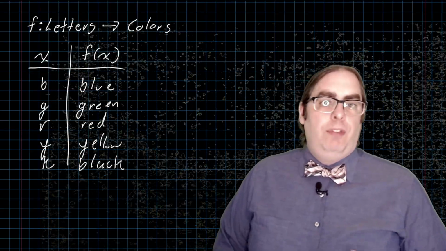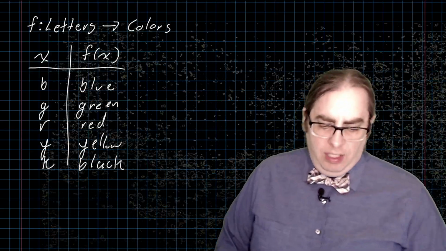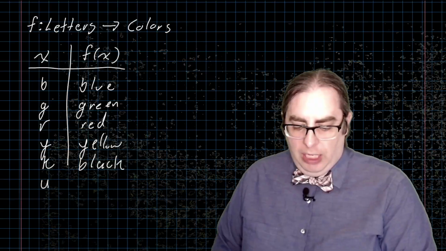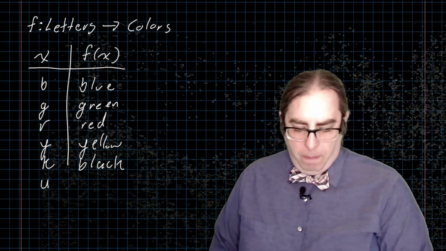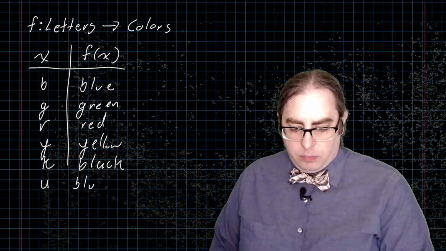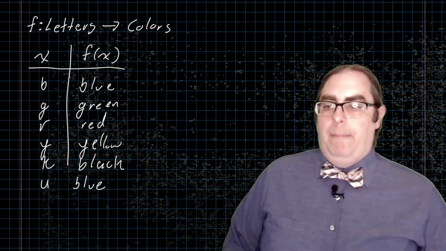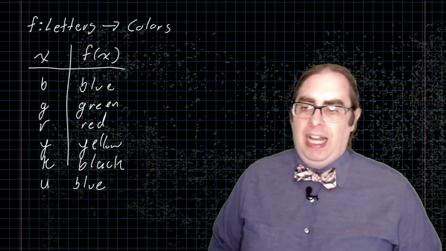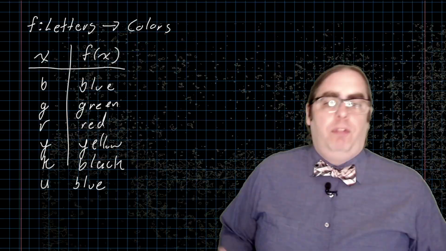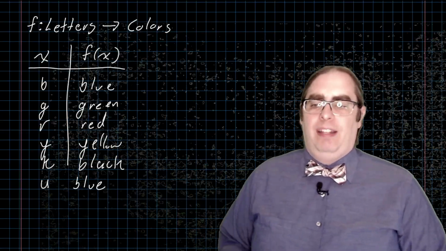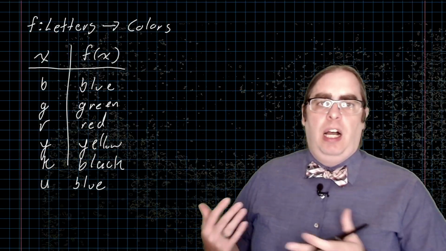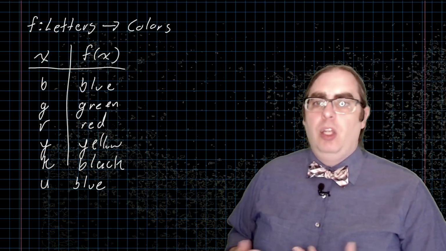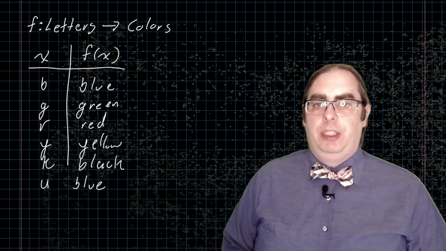So maybe in the future we want to change that, and we want to introduce a new variable in the domain. I'll call it U, so that U maps to blue and K maps to black. And at some point in the future, we'll get rid of that B maps to blue, but for right now, for the sake of backwards compatibility, we're not going to get rid of the old option just yet.